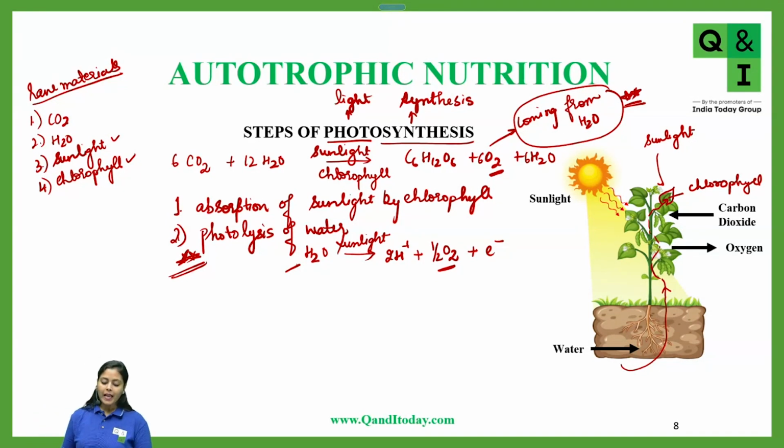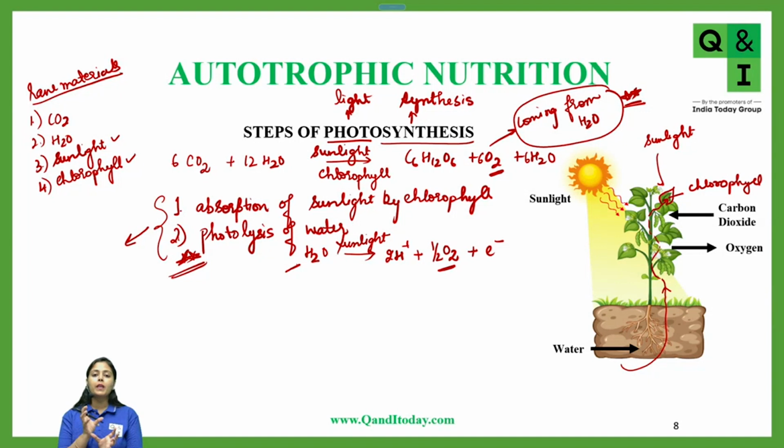Now, these two reactions are occurring in sunlight. Yes, please, Jovan, could you tell what photolysis of water means again? Sure. Photolysis of water means there is breakdown, or lysis, of water using the energy of sunlight.